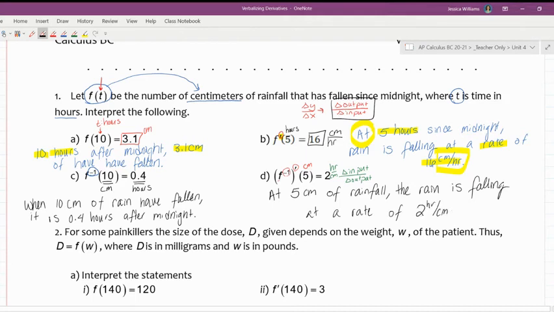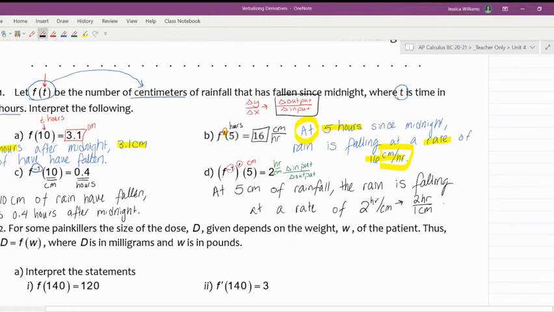If you hate it so much, you can play fraction work here. Like this is the same thing, 2 hours per 1 centimeter. So what that's saying is it takes 2 hours for 1 centimeter of rain to keep falling. If you really hate it, you can flippity-doo-dah and say 1 centimeter per 2 hours, or 1/2 centimeter per hour.